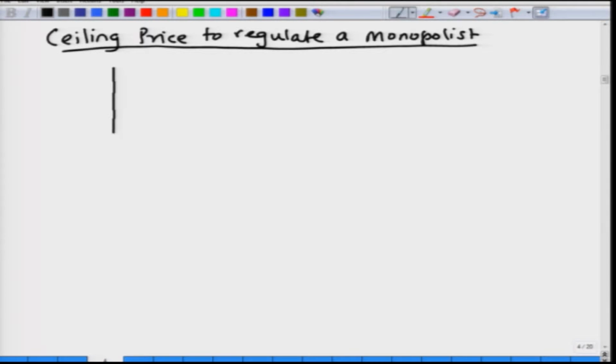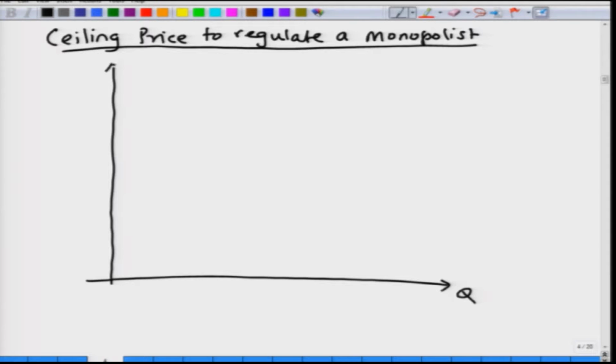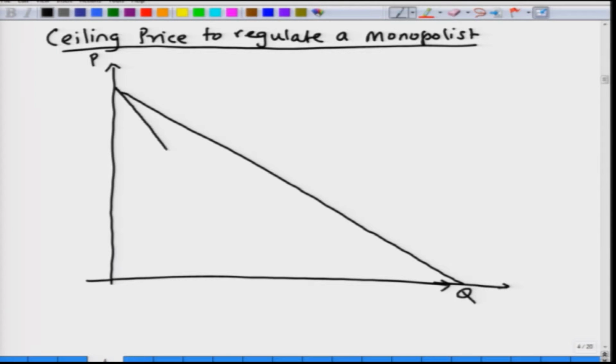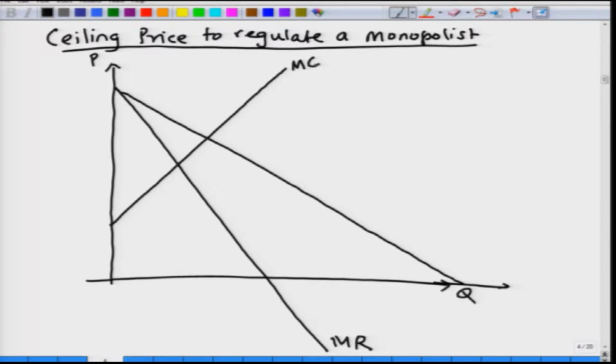So, if I look at first the baseline monopoly condition, this is the marginal revenue curve, let us say this is my marginal cost curve of the monopolist, and we know that the monopoly outcome is obtained by comparing the marginal revenue which is equal to marginal cost, and the monopoly price is P. This is the monopoly price.